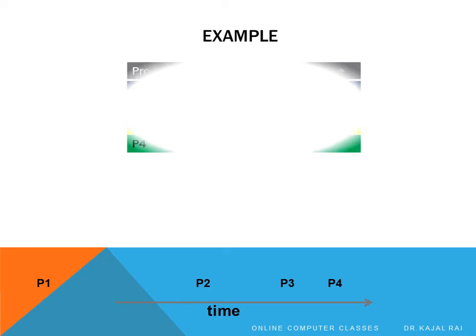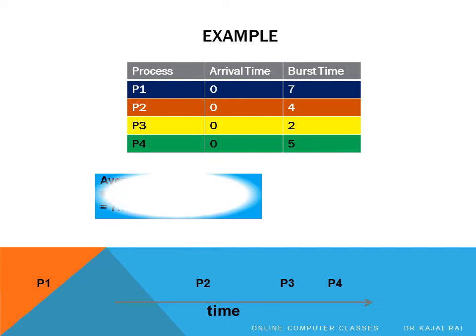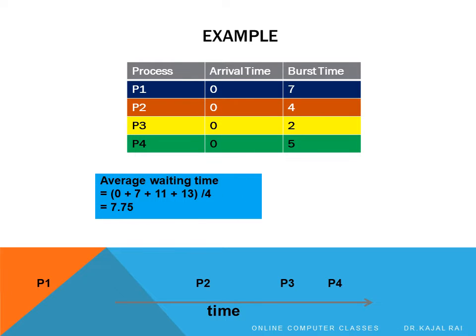Now look at an example of FCFS scheduling. We have four processes, P1, P2, P3 and P4, and they have different burst times, and their arrival time is 0. Arrival time is the time when the process can get the CPU without waiting; if there is an arrival time, the process has to wait till that number of seconds or milliseconds, whatever the unit is.